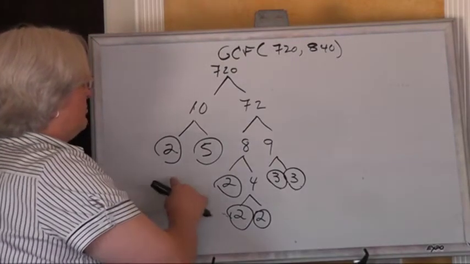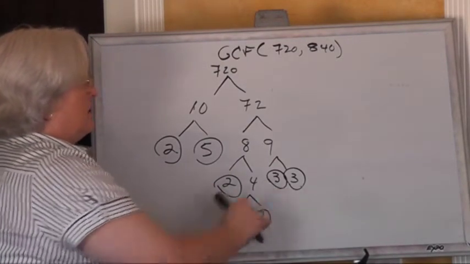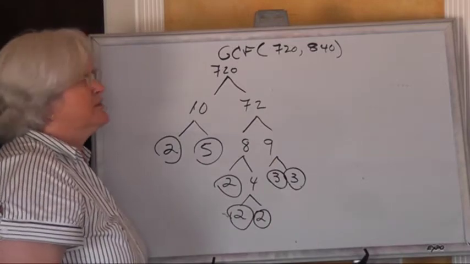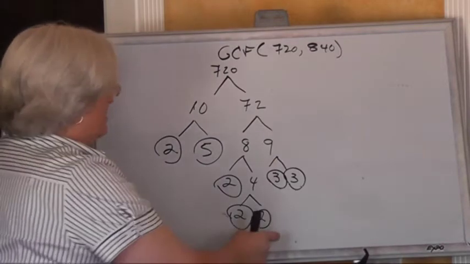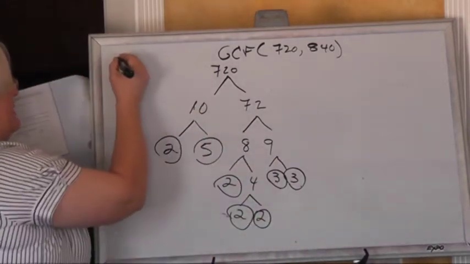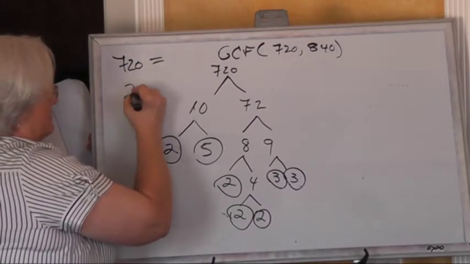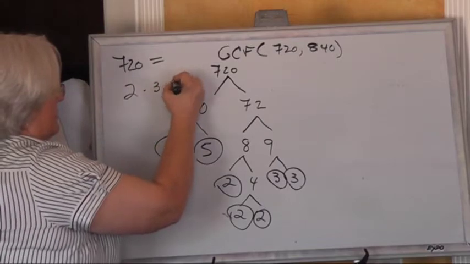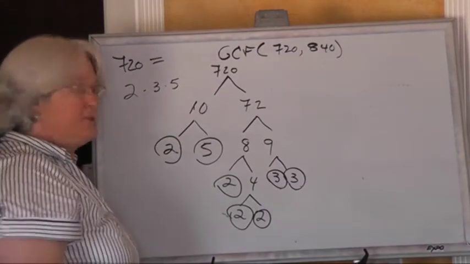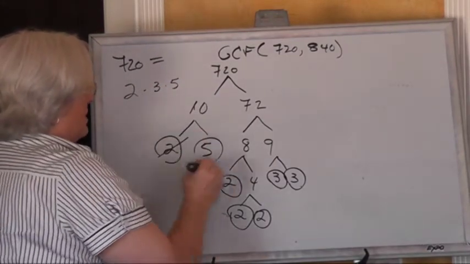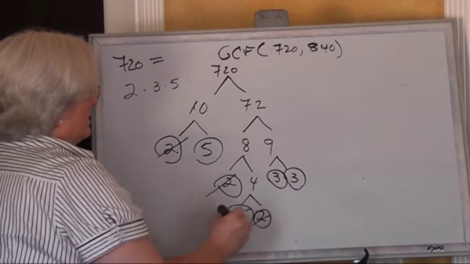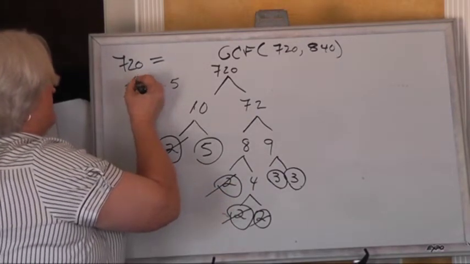Now we want to write the prime factorization of 720 using exponential notation. So we have 720 is equal to 2 times 3 times 5. How many times is 2 used as a factor? 1, 2, 3, 4. It's 2 to the 4th.